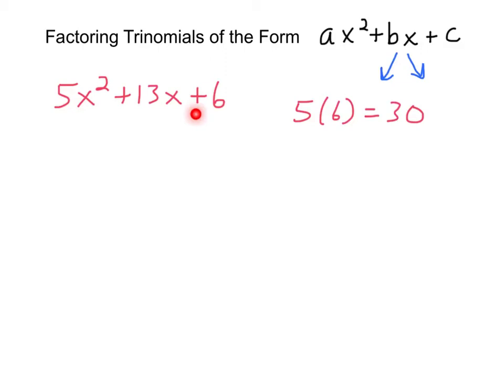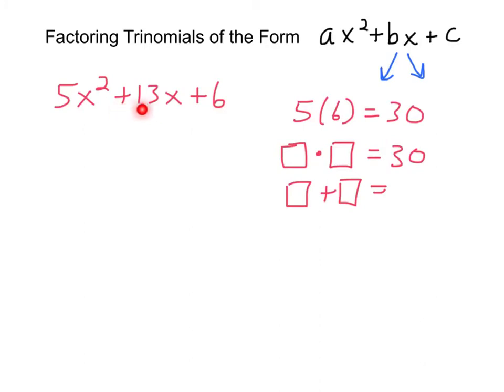So now what we have to do is solve a little puzzle. We have to find 2 numbers, I'm going to use my blanks again, that multiply together to equal this answer that we just got, 30. And those same 2 numbers have to add up to equal the middle coefficient in the problem, which is a positive 13. And so we need to figure out 2 numbers that satisfy both those conditions.